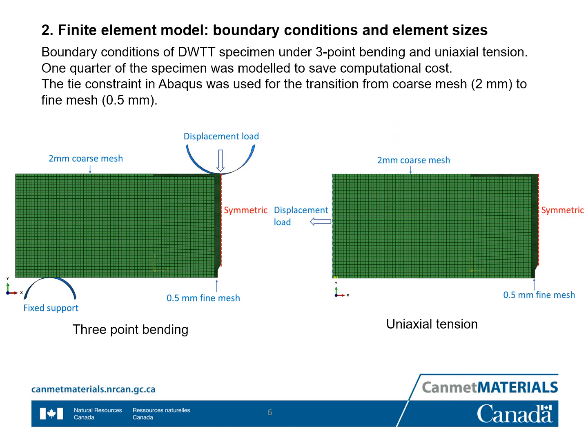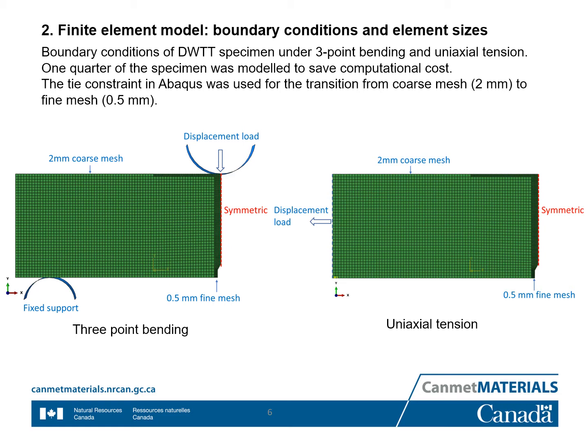In this research, we want to investigate the effect of 2 different loading modes. So we have 2 models with different boundary conditions. On the left-hand side, you will see the model of 3-point bending. And on the right-hand side, you will see the model for the uniaxial tension.